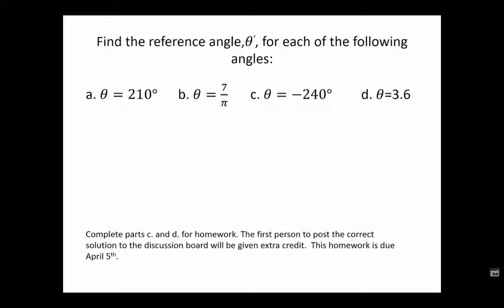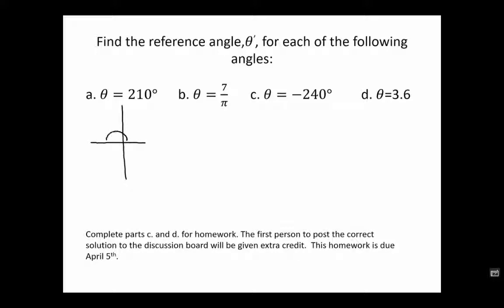Okay, let's find the reference angle theta prime for each of the following angles. Given that angle theta measures 210 degrees. Because 210 degrees lies between 180 degrees and 270 degrees, theta is in the third quadrant.